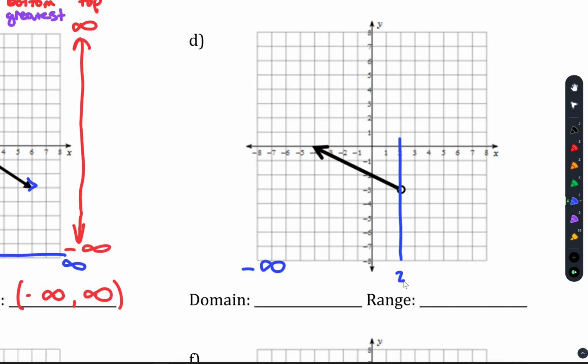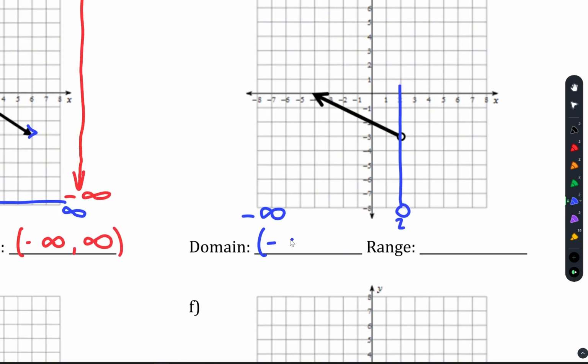So I see that arrow's pointing to the left. That means we're starting at -infinity. It's going until we hit 2. It stops at 2. 2 is an open circle, so we know that we're not going to include 2. So this interval is going to look like -infinity all the way to 2 with a parenthesis because of that open circle.